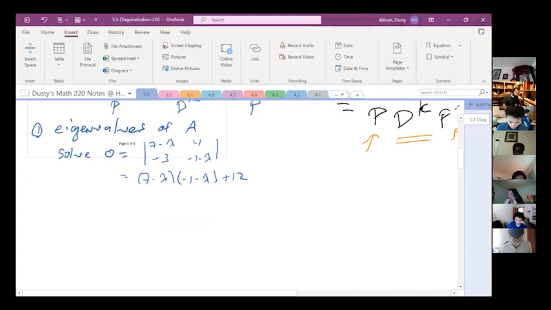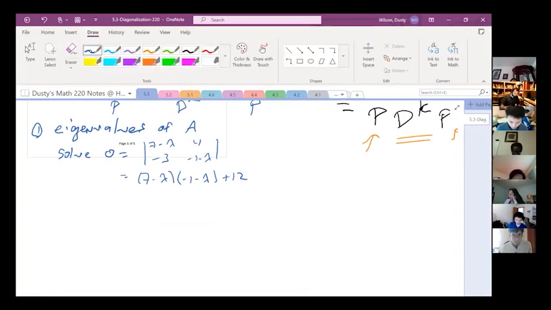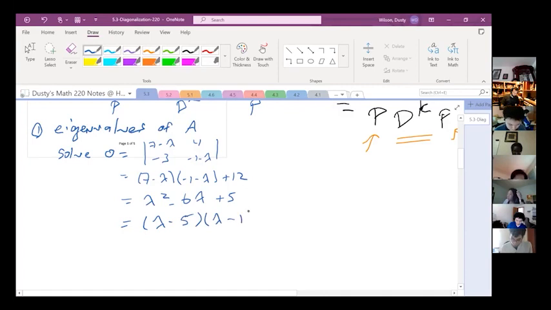So this looks like it's lambda squared minus 6 lambda plus 5. We multiply it all out, which factors to lambda minus 5, lambda minus 1.